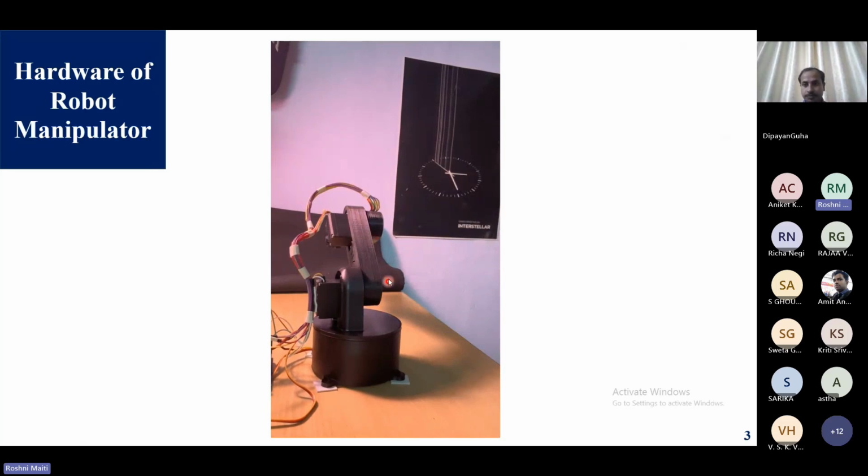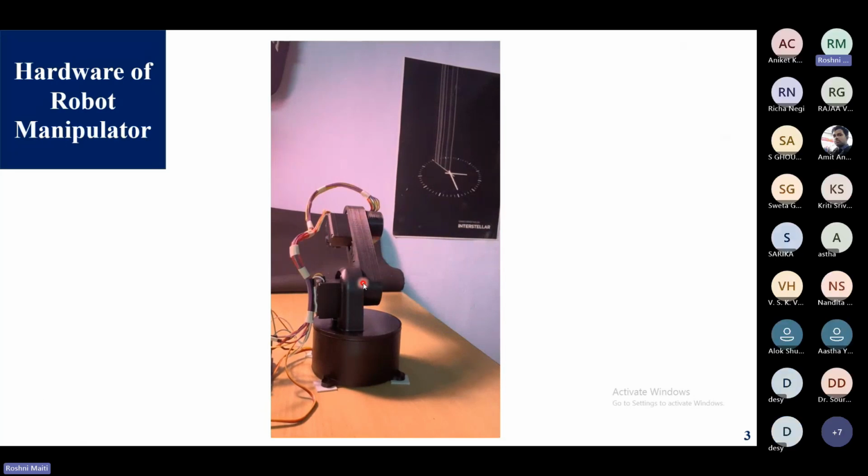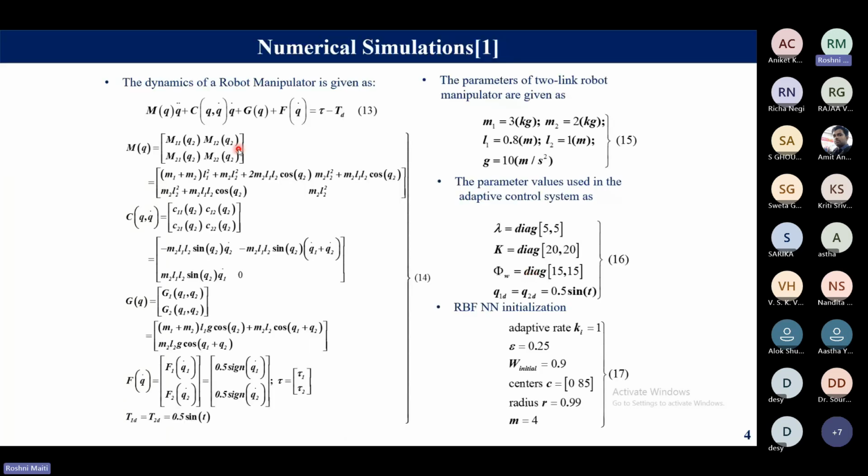So as a whole, whenever we want to model this system, we can have different uncertainties, unmodeled dynamics, and disturbances present in the system. Therefore, here we have modeled this system. This is the nominal model of the system where we have used this data.